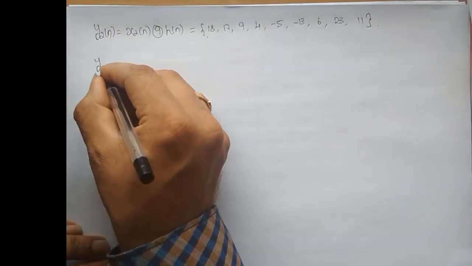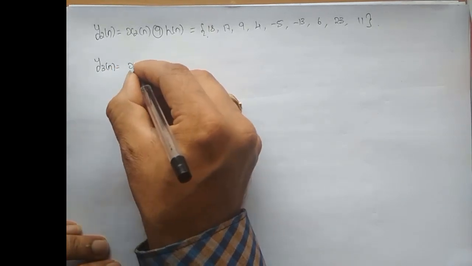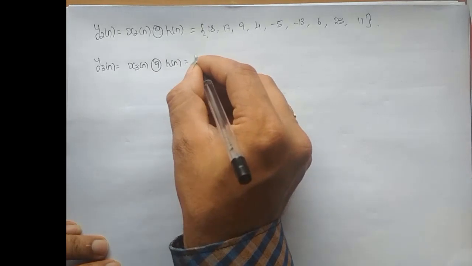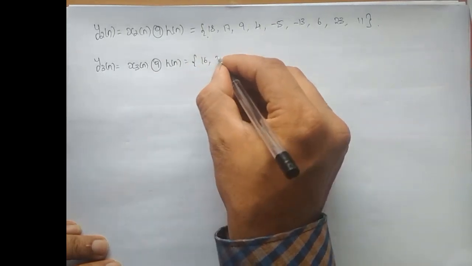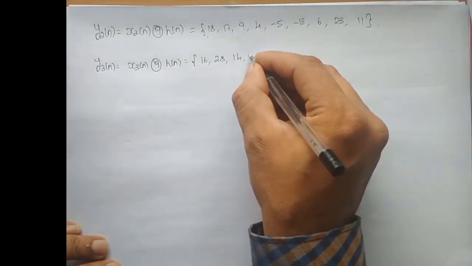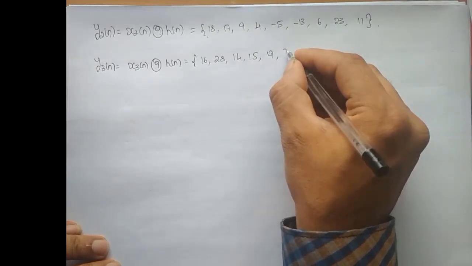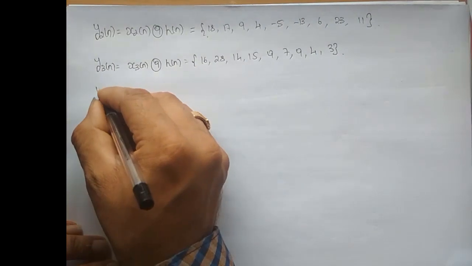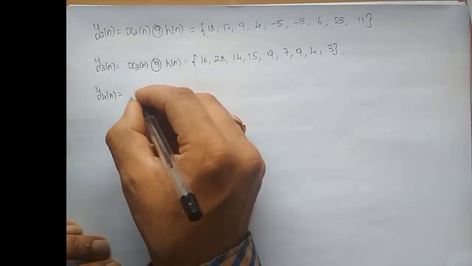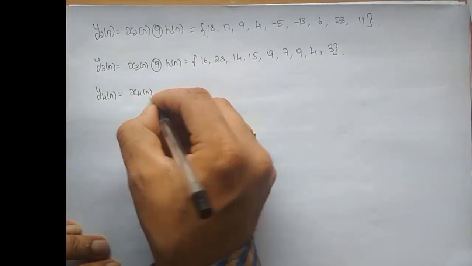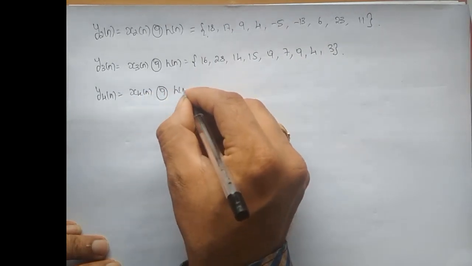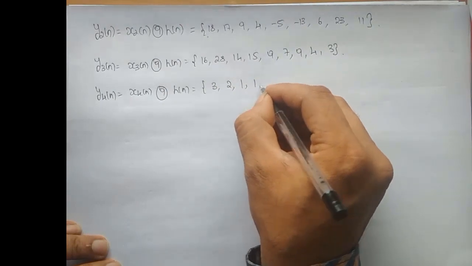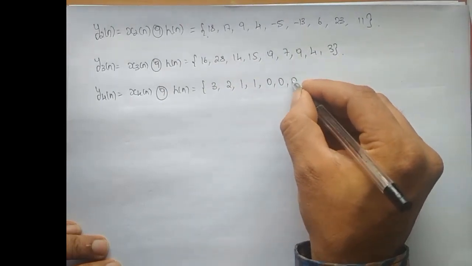So y3 of n is equal to x3 of n 9-point circularly convolved with h of n, which is equal to 16, 28, 14, 15, 9, 7, 9, 4, 3. So y4 of n, which is equal to x4 of n 9-point circularly convolved with h of n, is equal to 3, 2, 1, 1, 0, 0, 0, 0, 0.